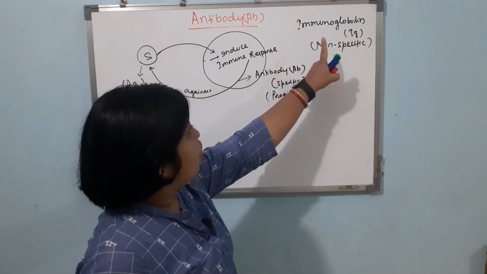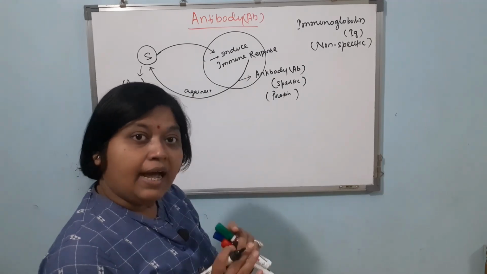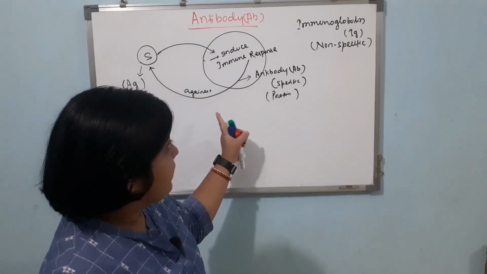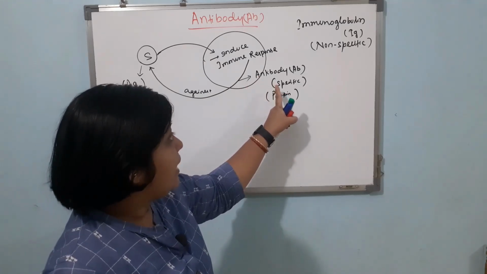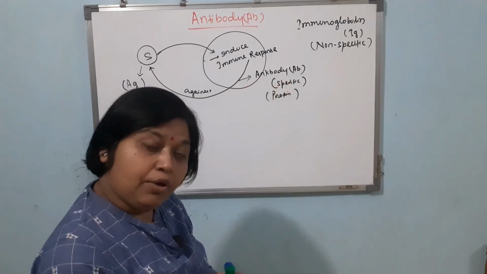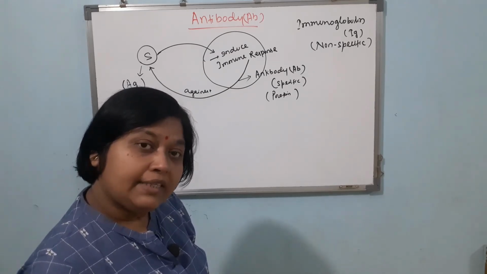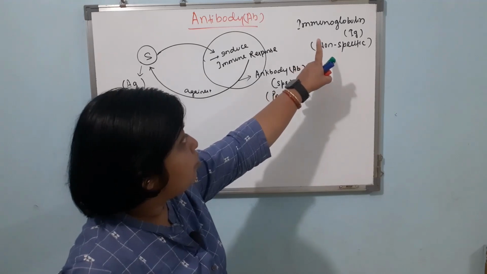Both this immunoglobulin and antibody are same. When they are specific, they are known as antibody. When they are non-specific, they will not bind with that antigen, and they are known as immunoglobulin.